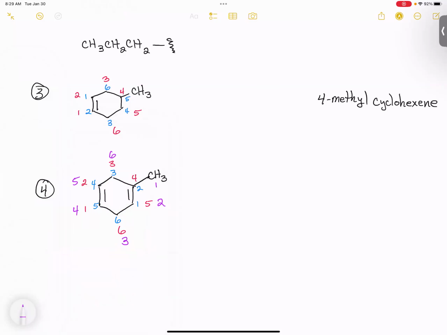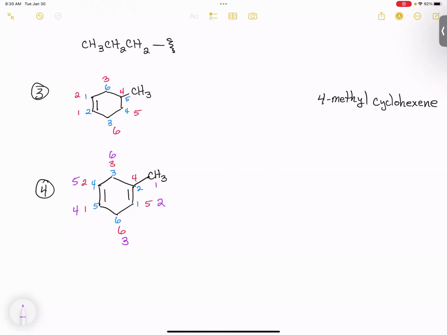How many think blue? How many think red? How many think purple? It is purple. Why was it purple?